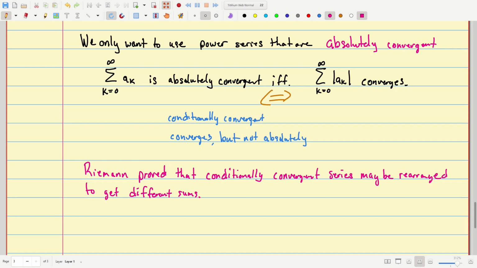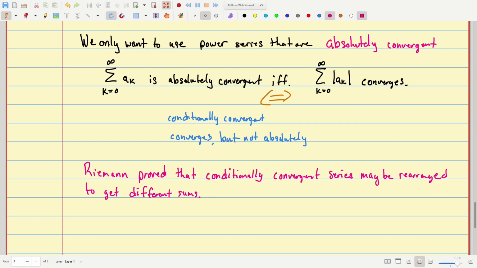In fact, he proved that you can get the series to add up to any real number you want it to. So there isn't just more than one answer, there is an entire number line worth of answers.